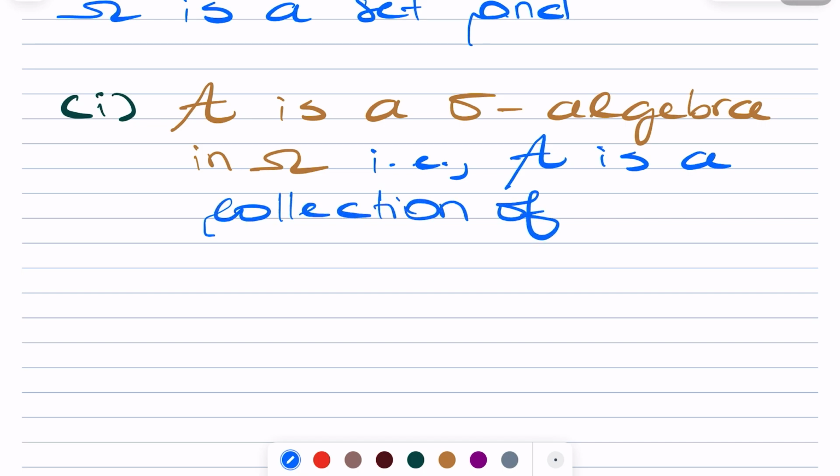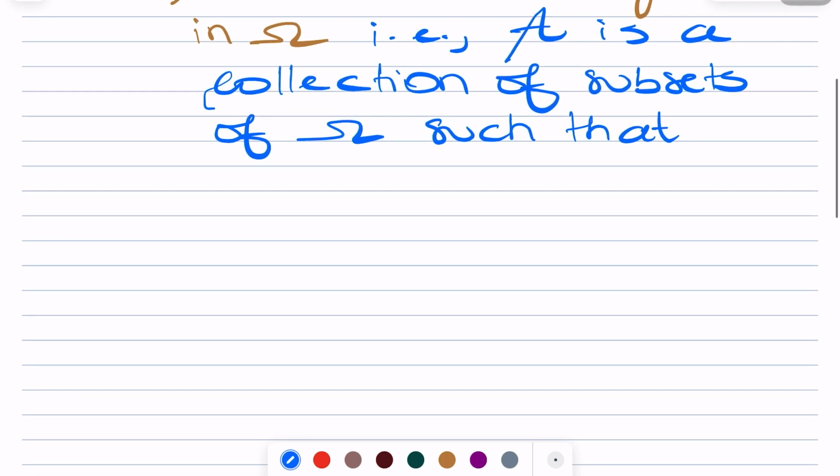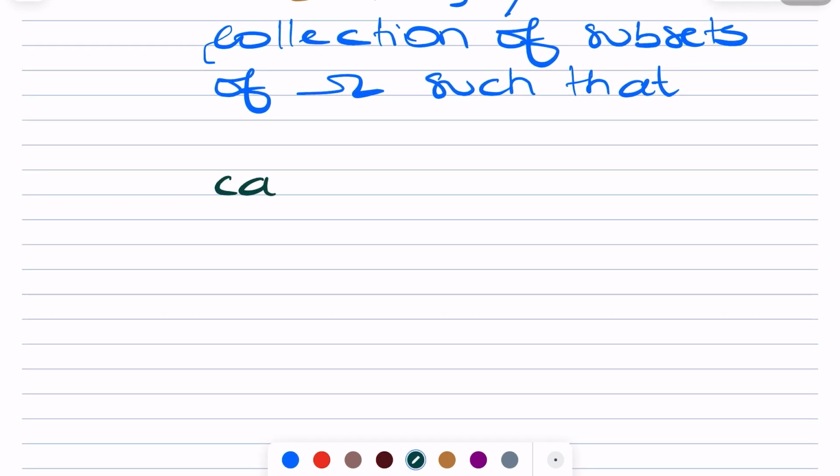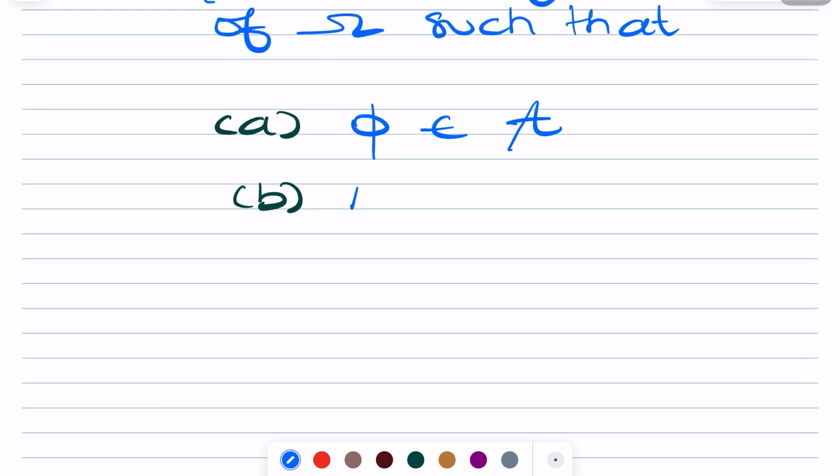Collection of subsets of Omega, such that: number a, the empty set is in the collection. Number b, if A is in the collection, then the complement is also in the collection.